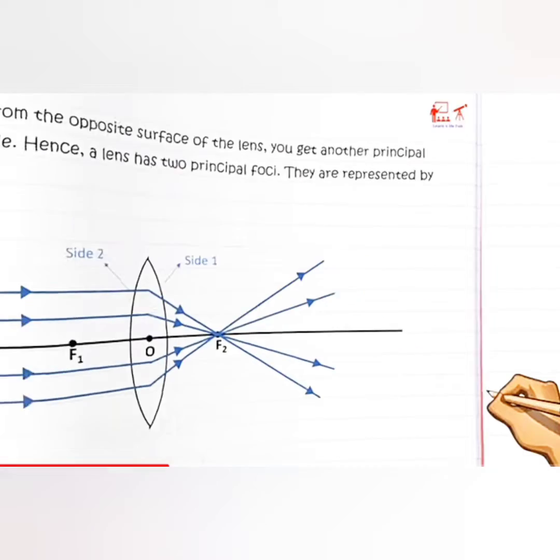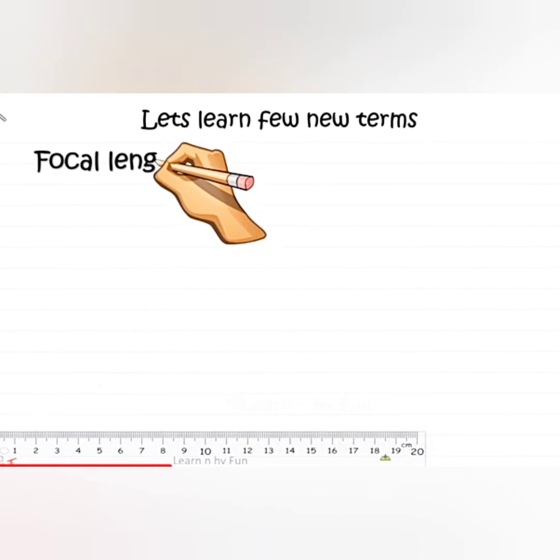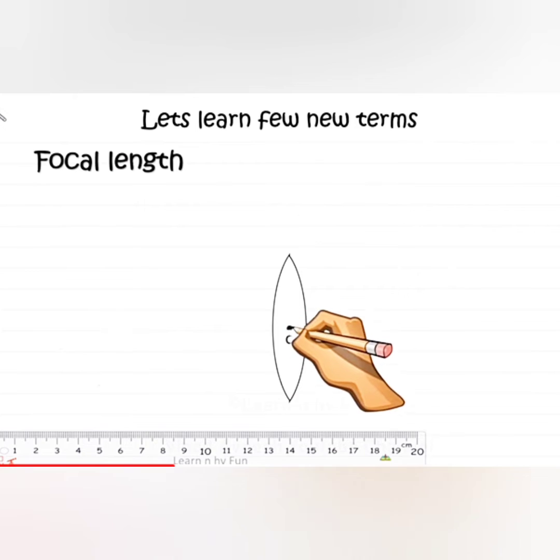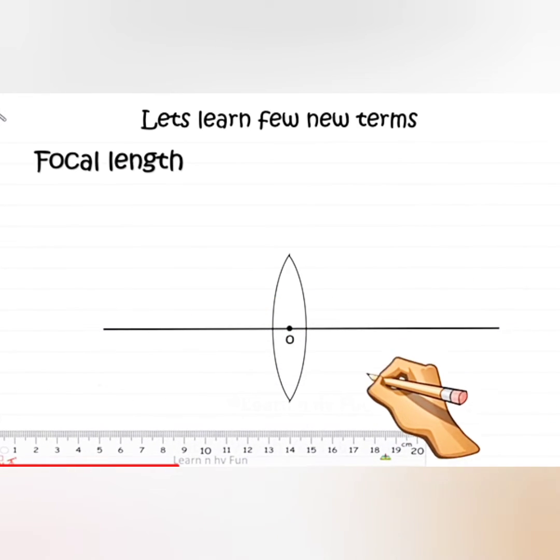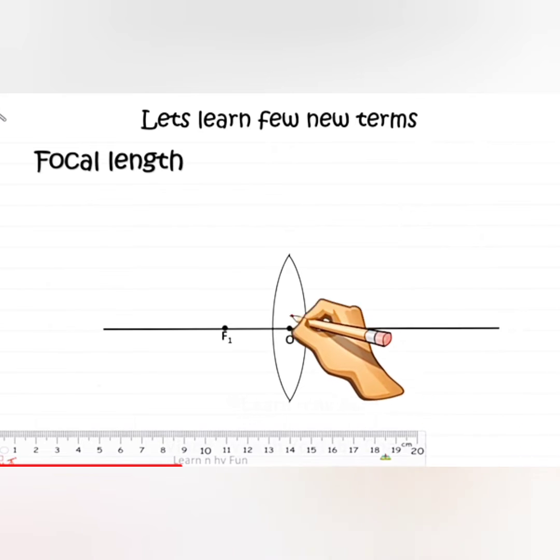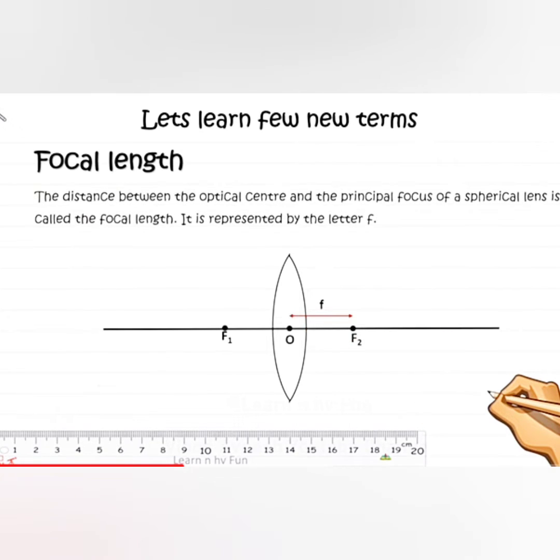Now focal length. In this picture you are watching a convex lens where O is the optical center and there are two foci F1 and F2. The distance between the optical center and the principal focus of a spherical lens is called the focal length.